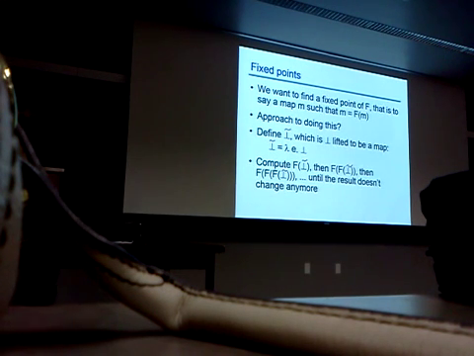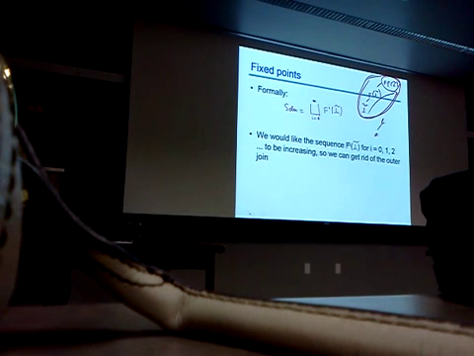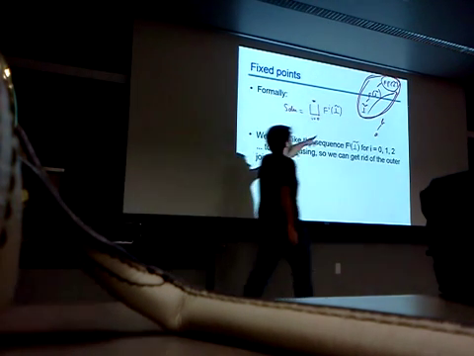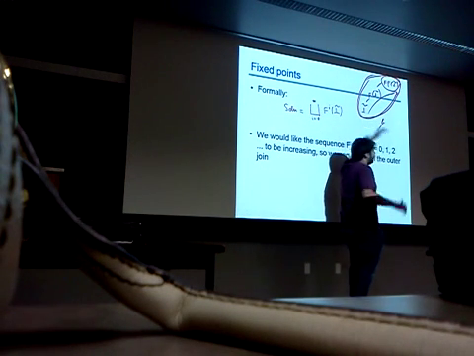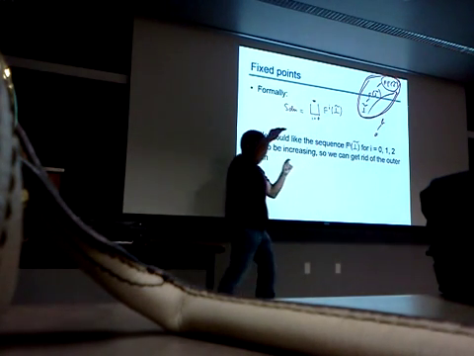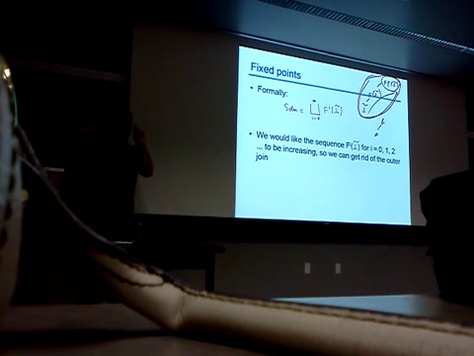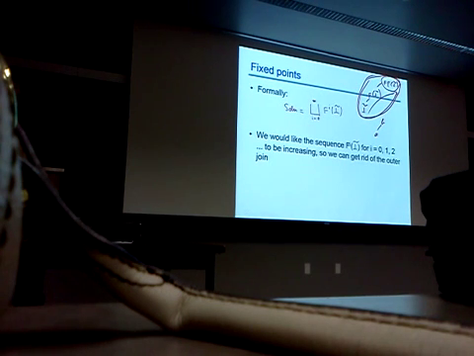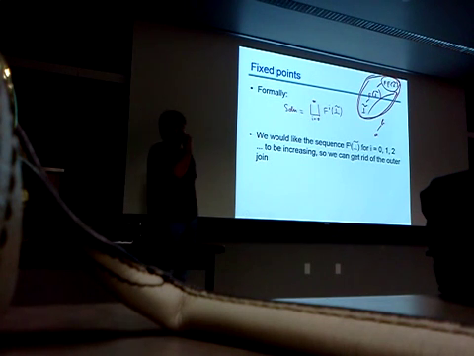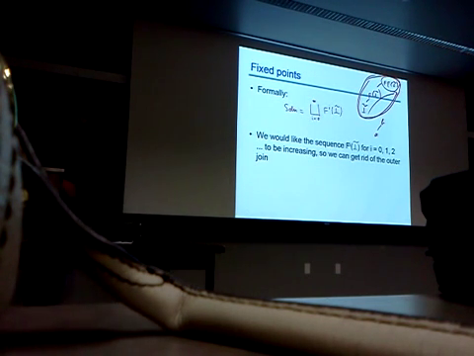If we set things up properly, every time we call F we monotonically increase, we go up in the lattice. The reason that's useful is that if our lattice has a finite height, we're guaranteed to terminate. Okay?